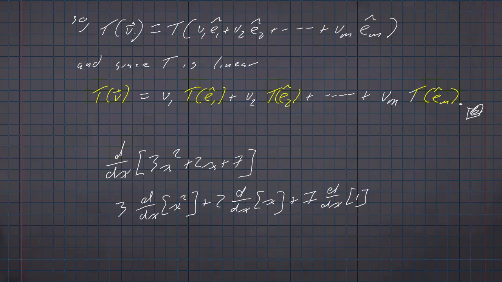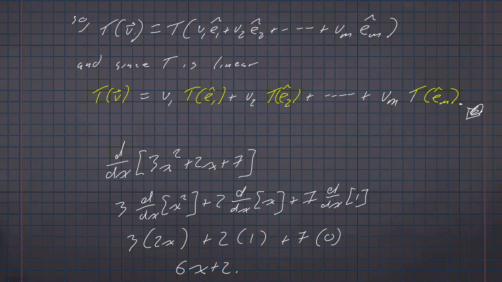The derivative of x squared is known. The derivative of x is known. And the derivative of 1 is known. And by knowing just that, we evaluate.